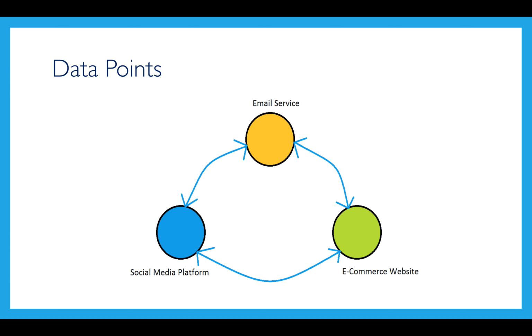Email services like Gmail, Yahoo, Rediffmail, we have a number of email services. Social media platforms, like Facebook, Twitter, LinkedIn, YouTube, Instagram, all these are the social media platforms using which data is getting generated. Third one is e-commerce websites, online shopping, I would say. They have a number of products in various categories, and also a number of users registering on the e-commerce website for shopping purposes.